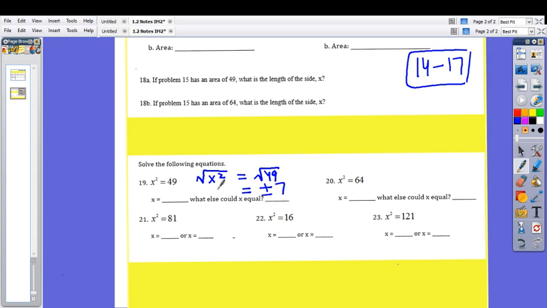And here you'll get x. So x will be positive 7 and x can also be negative 7. Same thing you will do with these, and same thing you will do with 18a and b. So calculate them. So basically now you will be able to do problems 14 to 23.